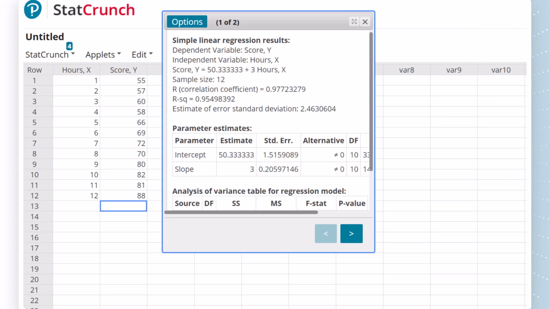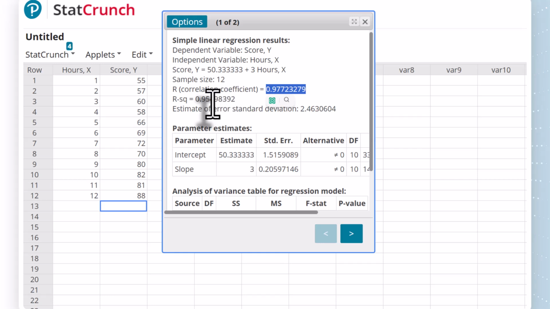Okay? Now let's explain what r squared means here. If I ask you, for example, on the test to find r squared and explain its meaning: r squared means r times r. If you multiply the number by itself, you're going to get 0.95. So let's change r squared to a percentage, which is 95.5%.